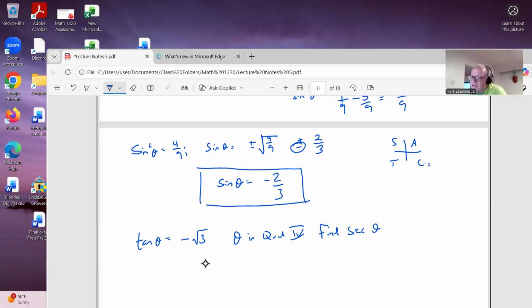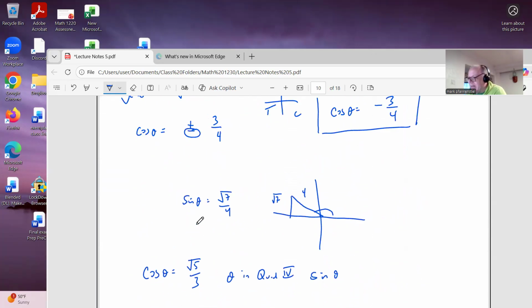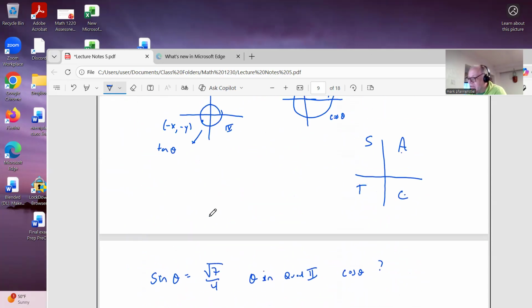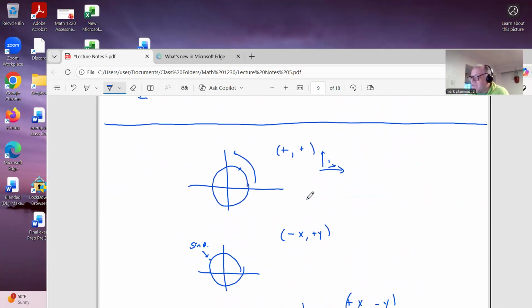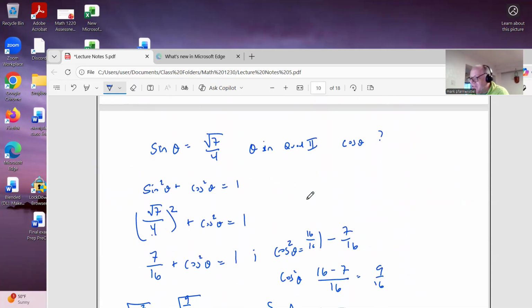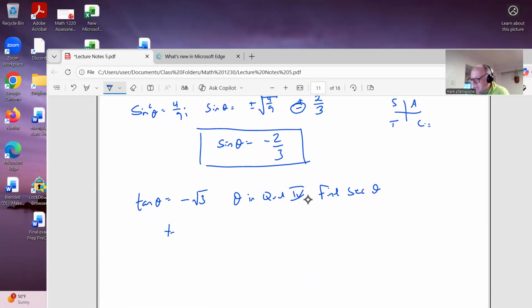Again, there's multiple ways to do this. If we go back to our Pythagorean identities, does anything relate tangent and secant together? Look at that, we have tangent squared plus 1 is equal to secant squared. Let's write that down. Oh, we're already finding secant, so we can go ahead and do that.